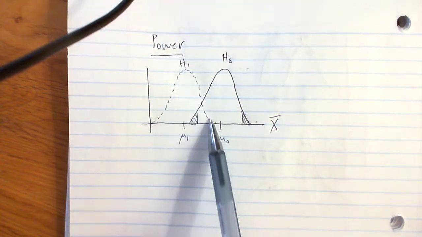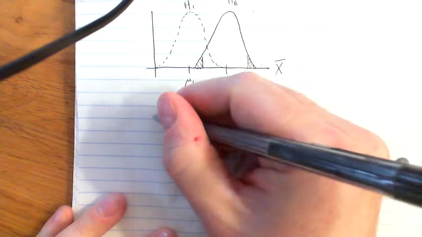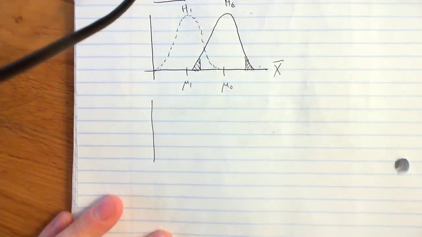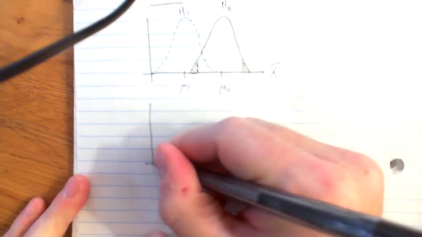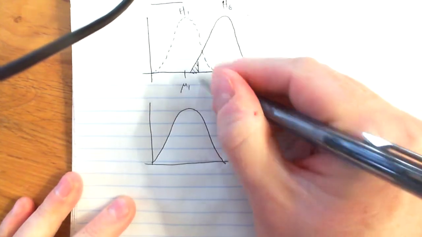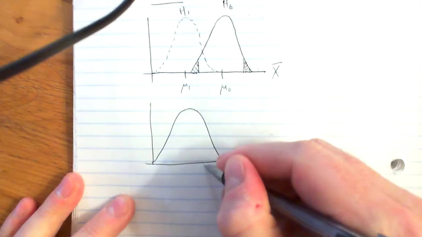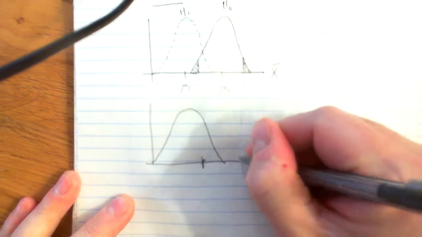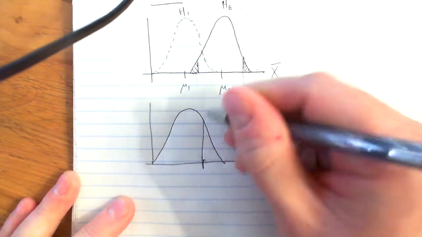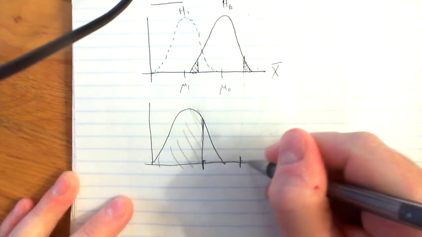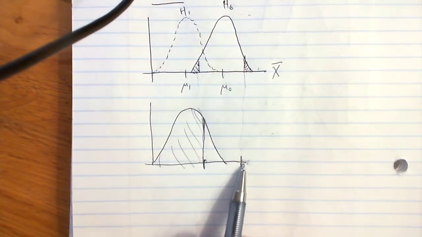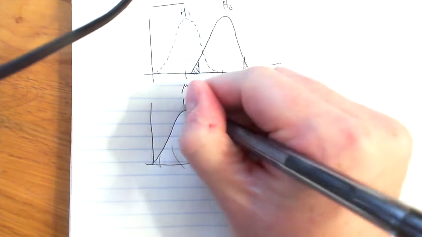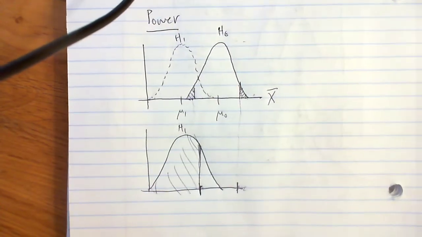And if this is really the true distribution, and let me trace this down, and trace this down, how likely is she to get a value over here or over here? And I can't even shade that area because it's so low. And that's what the power tells us.